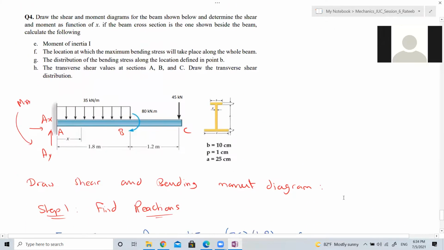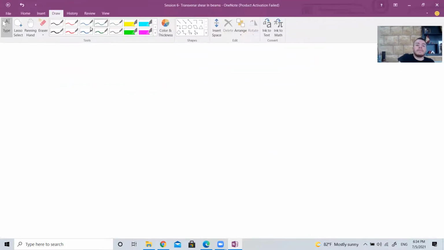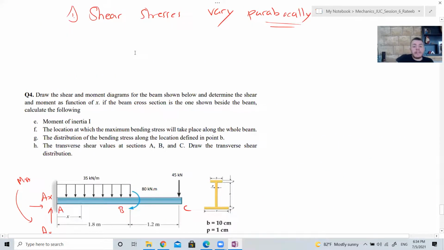Okay. Now that I have the reactions, how do I draw the shear and bending diagram? We learned, step 2 draw, or before step 2, find the shear and moment as a function of x. Here the question asks, before drawing the shear and bending diagram, determine the shear and moment as a function of x.